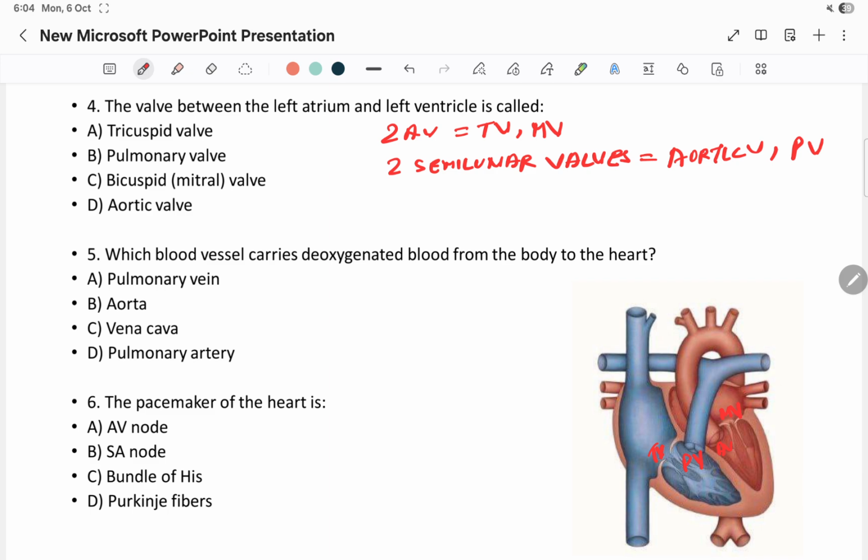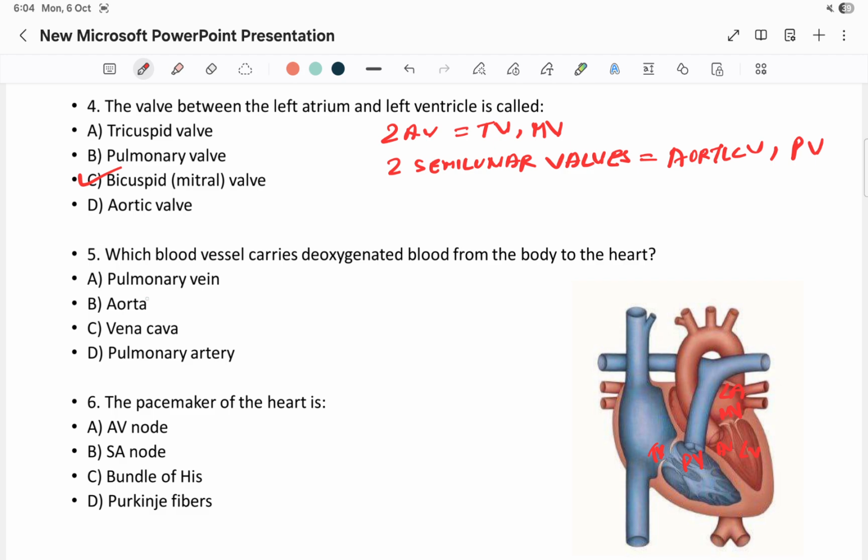Now let us come back to the question. The valve between the left atrium and left ventricle is, which valve? Mitral valve, right? So the answer is bicuspid or mitral valve. Clear? Next question.